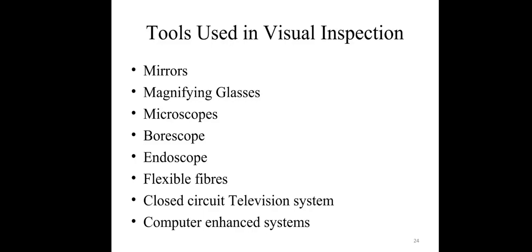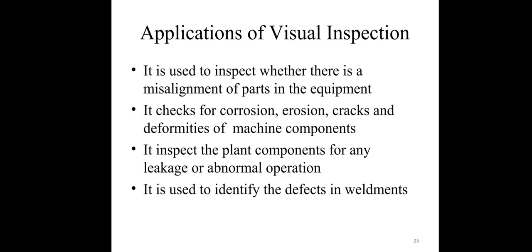Tools used in visual inspection: mirror, magnifying glasses, microscope, borescope, endoscope, flexible fibers, closed circuit television system, computer enhanced system. Application of visual inspection. It is used to inspect whether there is a misalignment of parts in the equipment.